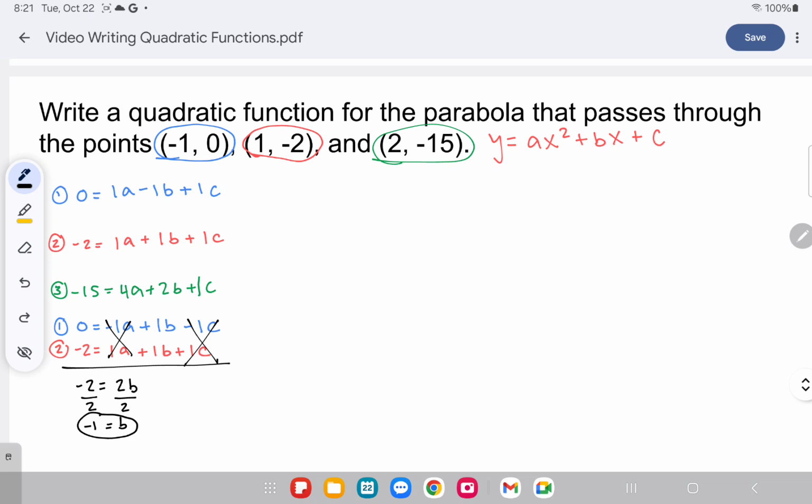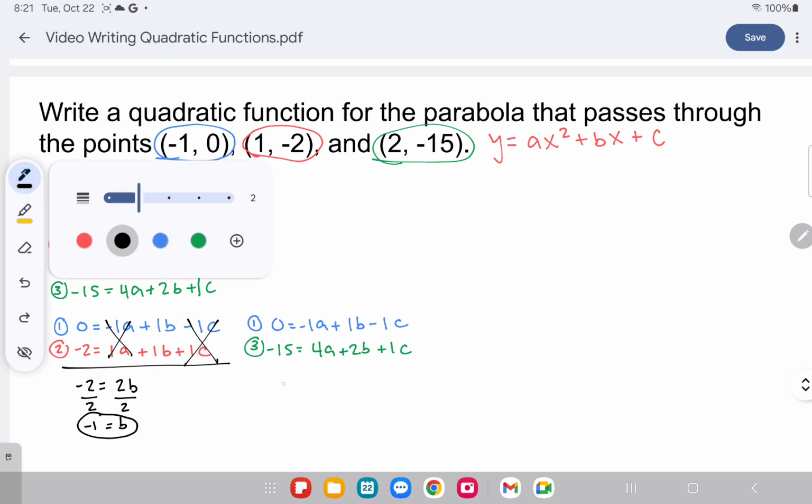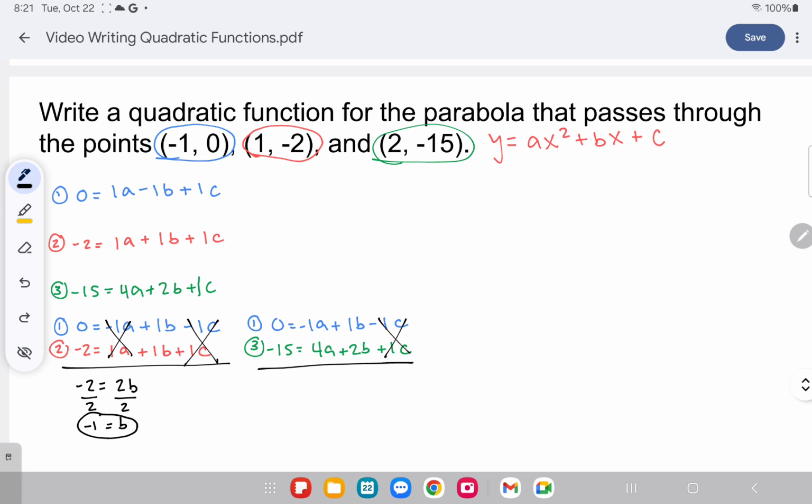So we've got one variable by putting equations 1 and 2 together. Now I'm going to put equations 1 and 3 together. And I'm going to use my altered equation 1 again, where I multiplied everything by a negative 1 already. And with equation 3, I'm not going to mess with it at all. So the positive 1C of equation 3 will cancel out with my negative 1C of equation 1 after I multiplied everything by negative 1.